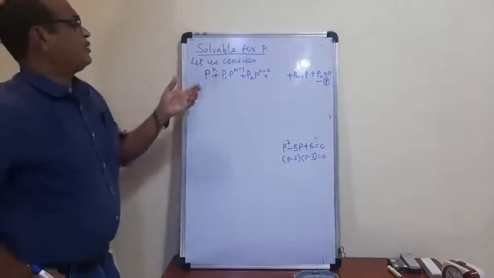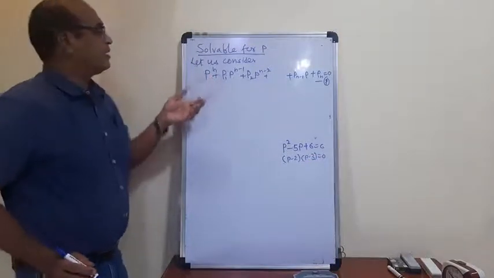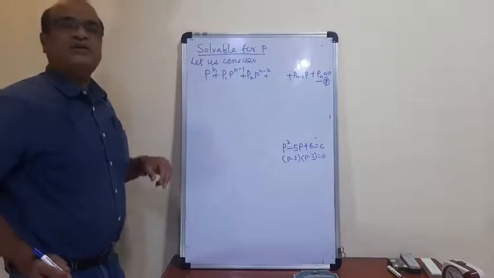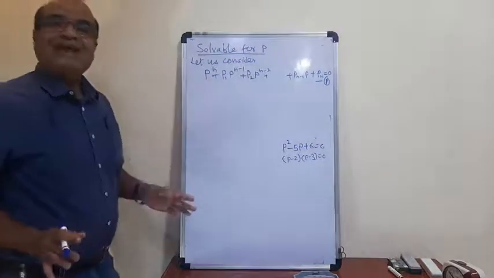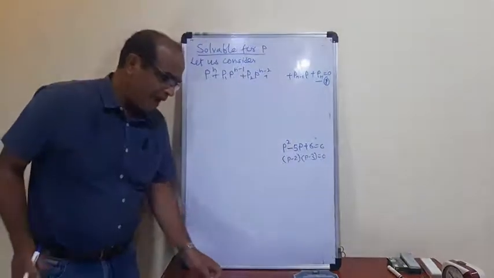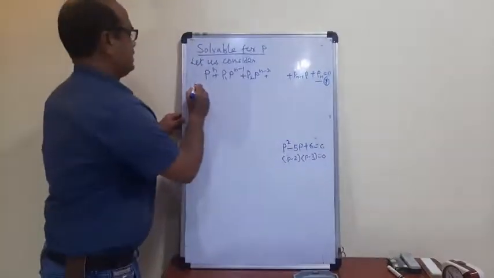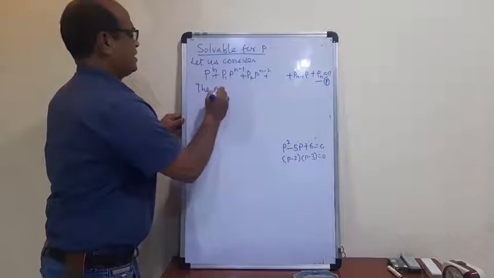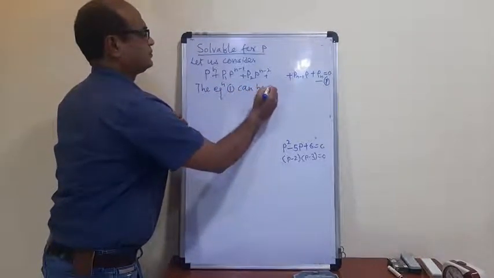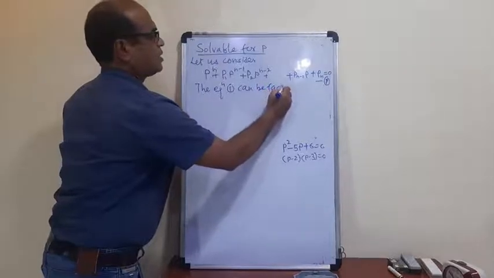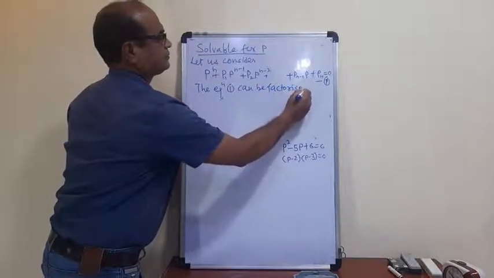So we factorize this equation because this is an nth degree equation. So by the fundamental theorem of algebra, this equation has n factors. Okay, the equation 1 can be factorized. We get.